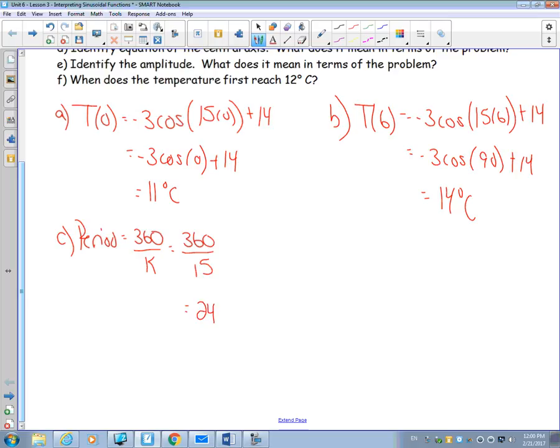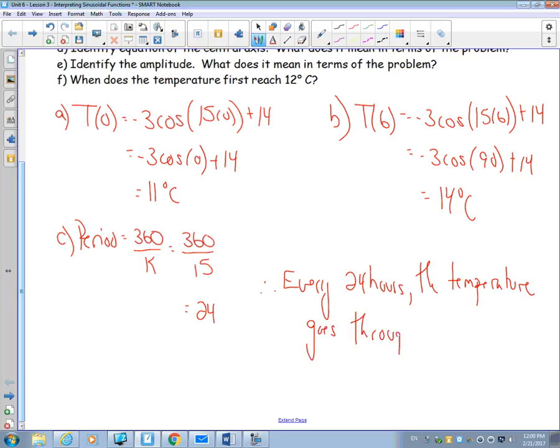And it actually asks us to explain what that means. Well, every 24 hours, the temperature goes through a cycle. It goes up during the daytime and down at night, and then starts all over again. Which should make sense, right?